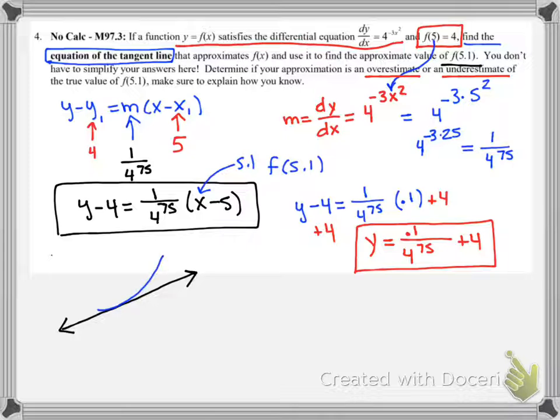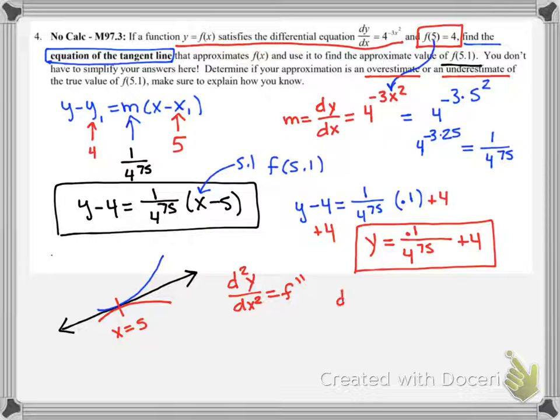We don't know if our curve is concave up, like the blue one, or concave down, like the red one. So if this is x equals 5, only the concavity, which is found with our second derivative, will tell us. So I need to take the second derivative.